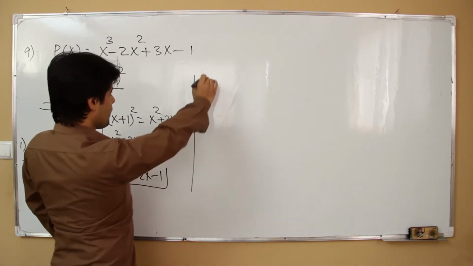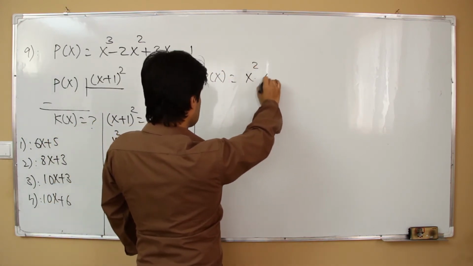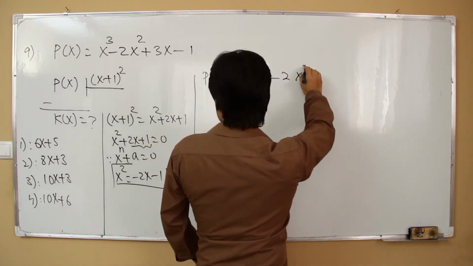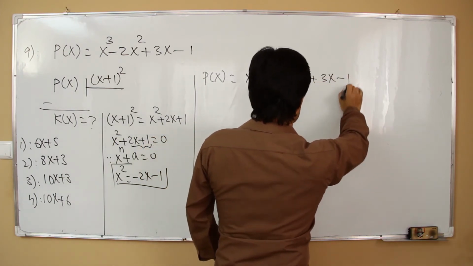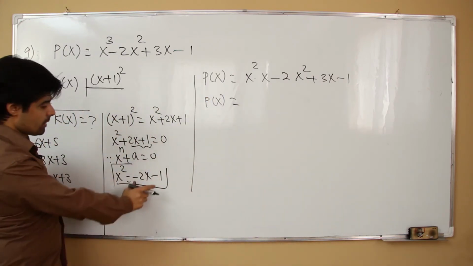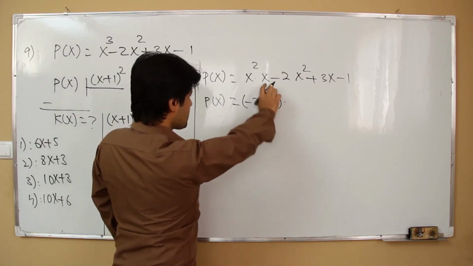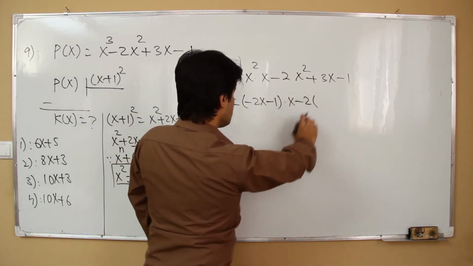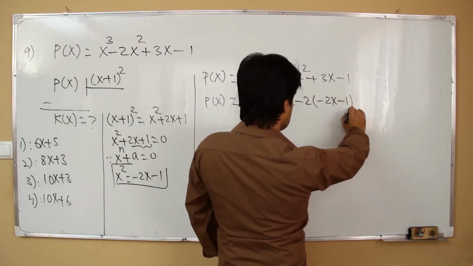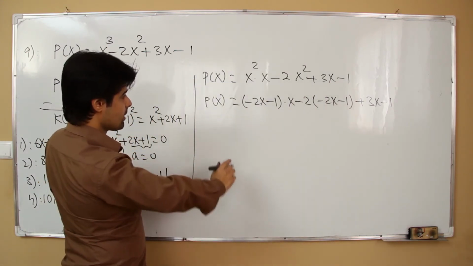First, you have to write P(x) like x squared: it's x squared times x minus 2x squared plus 3x minus 1. Then P(x) is, instead of x squared, (minus 2x minus 1) times x minus 2, and instead of x squared, (minus 2x minus 1) plus 3x minus 1. And this one is the remainder.